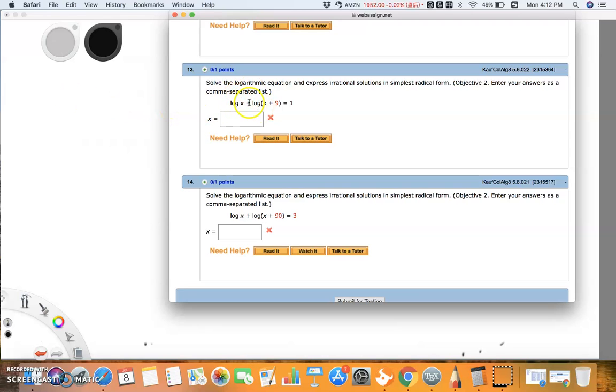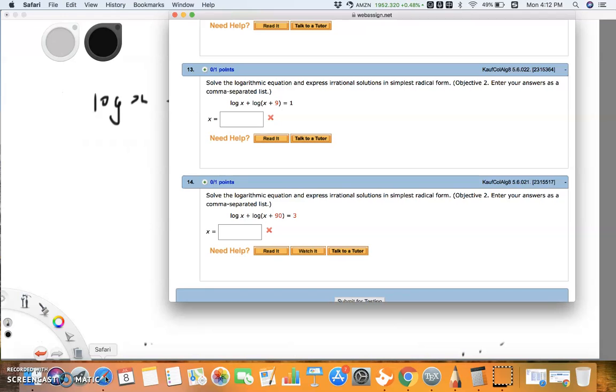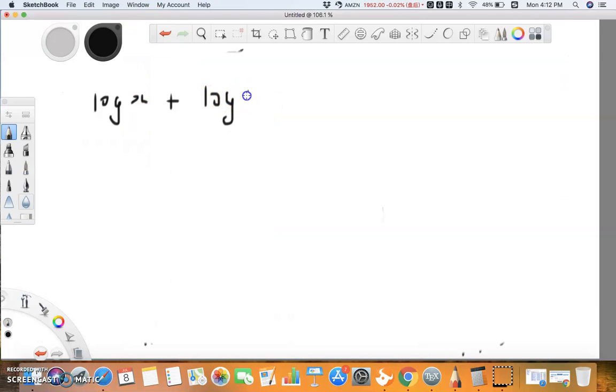So let me talk about number 13. Here we have a common log of x plus a common log of x plus 9, and this equals 1.